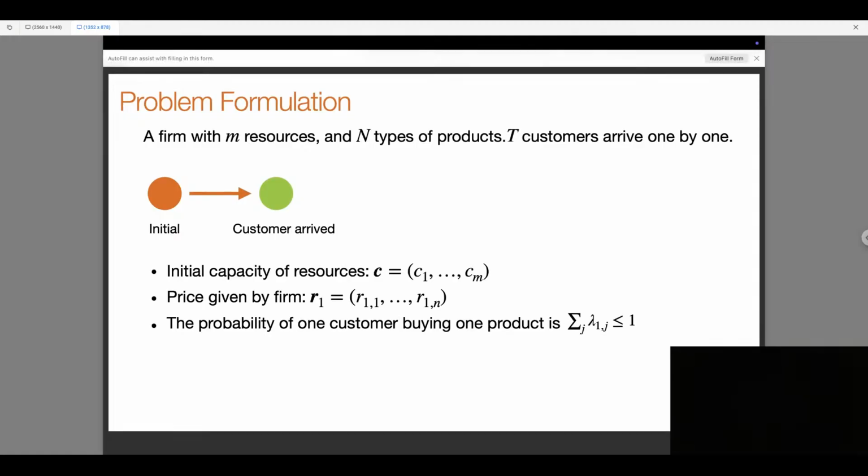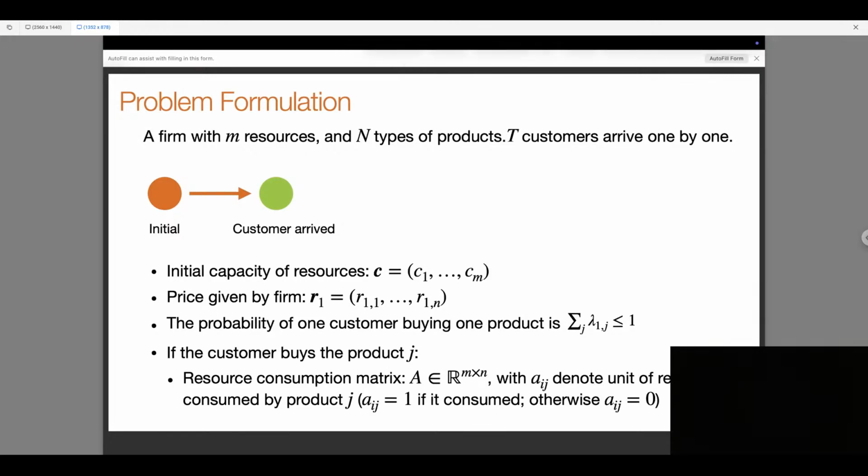The probability of one customer buying product j is lambda_j, and we assume the summation of the probabilities is less than or equal to 1, which means any customer who comes here would buy at most one product from this firm.